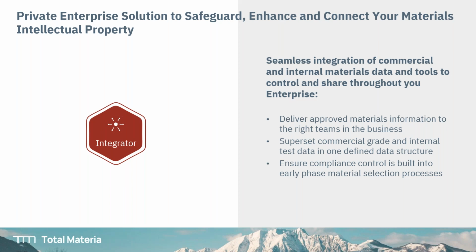Sure, compliance control is built into the early phase material selection process, and you can connect Integrator with your CAx simulations and PLM system, and it can also easily talk to your ERP system tools. So when you have Integrator, you can use it on your server, 100% secure, or you can use it from the cloud via browser.